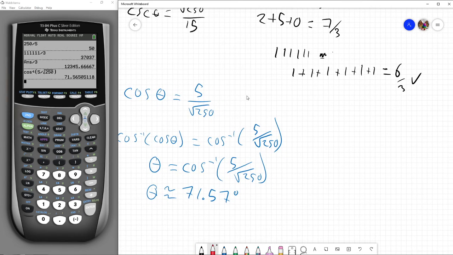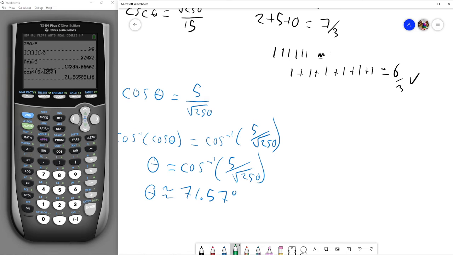The other thing to note is, since all triangles add up to 180 degrees, and since we have a right triangle, that means that theta plus phi equal 90 degrees, because the third angle is already 90 degrees. 180 minus 90 is 90.